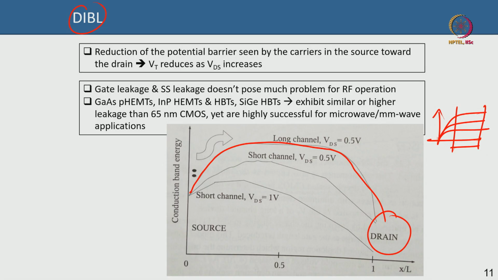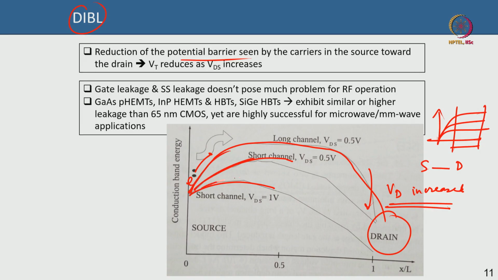However, when you bring the source too close to the drain, in submicron, deep submicron, 90 nanometer, 65 nanometer nodes, the electrons that are injected from the source will see a reduced barrier. When will they see a reduced barrier? When the drain voltage is increased. Ideally it should not matter, but it does matter for a highly scaled device, because as you increase the drain voltage, the electrons injected from the source towards the drain will see a reduced barrier, because the drain is able to pull the conduction band down below the gate.